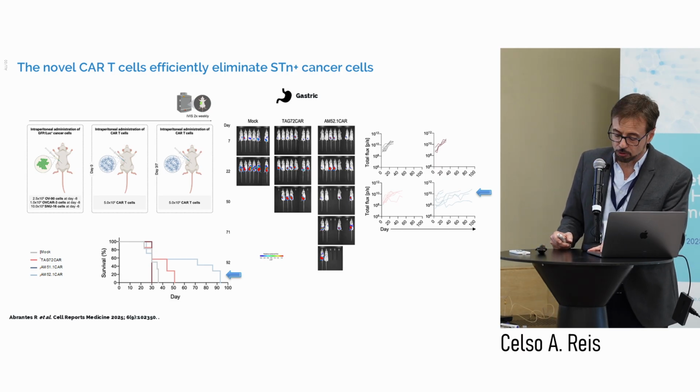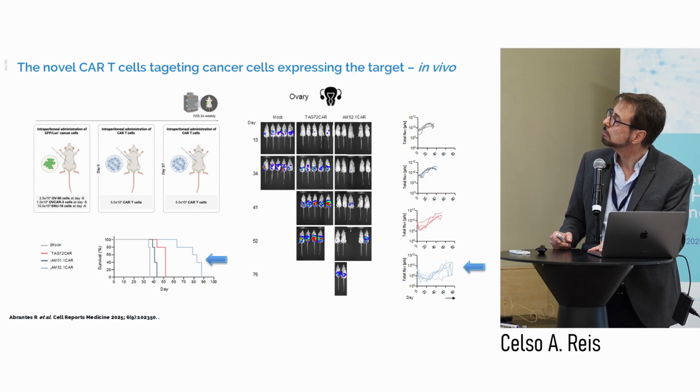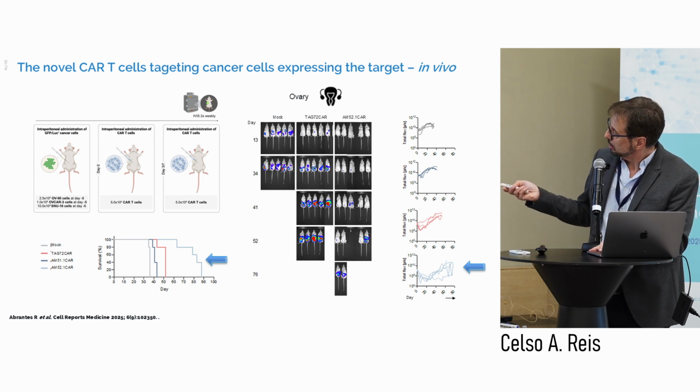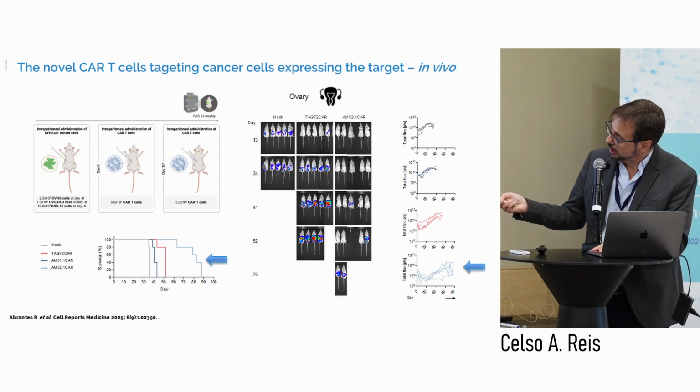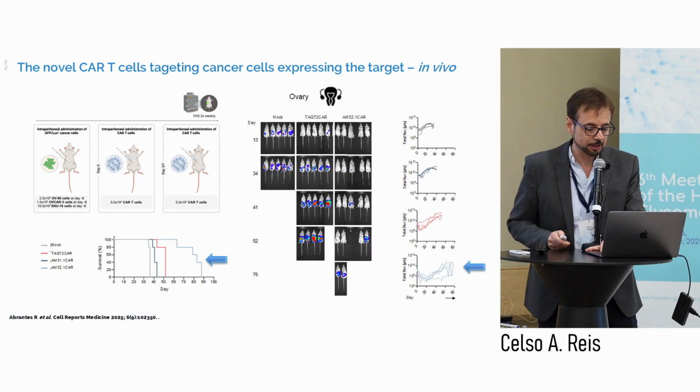This was done not only for stomach cancer, but for ovary cancer. So again, you see here the signal quite improved comparing with the other CARs, and also the survival of the mice comparing with the controls in these preclinical studies.